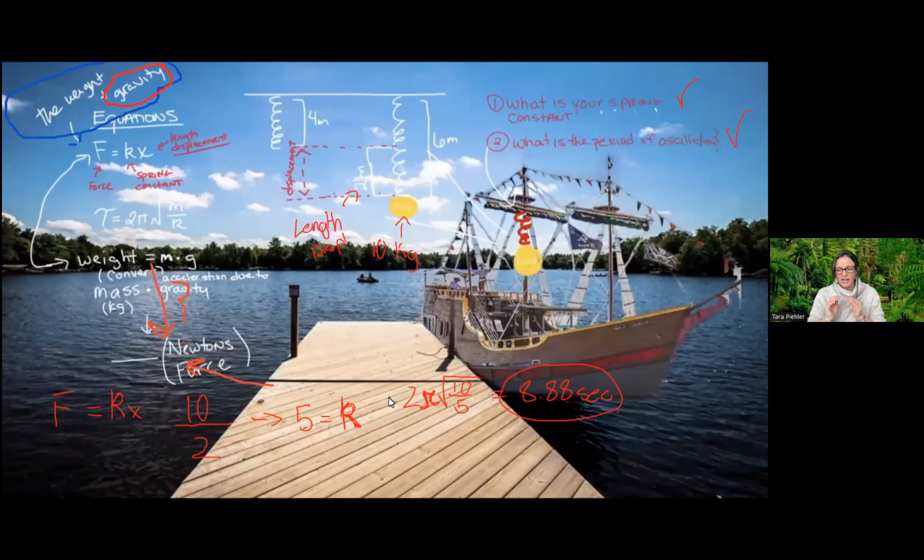And so you just had a 5 instead of a 50, right? Yeah. But it's square rooted and it's in the denominator, so you can still be pretty close. You're not far off with 8.8 seconds. In fact, you're off by 1 second.